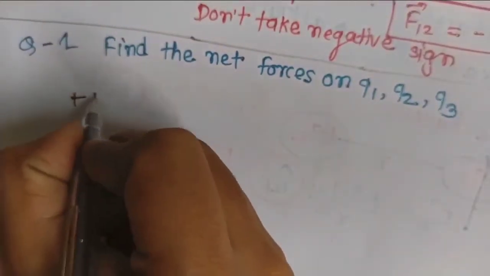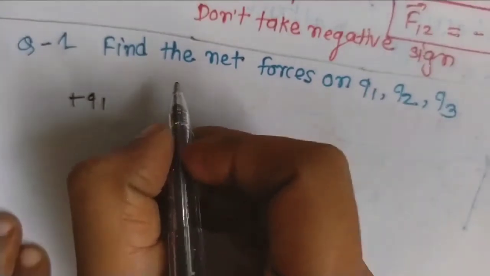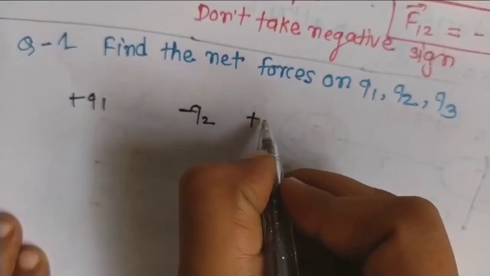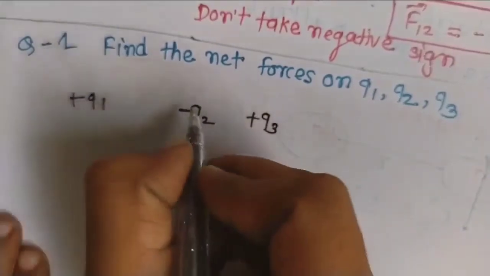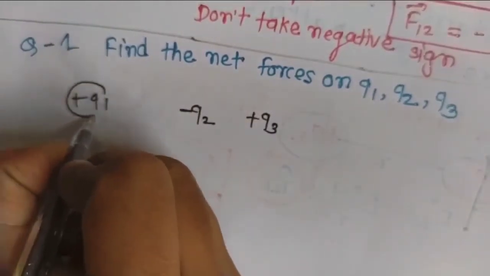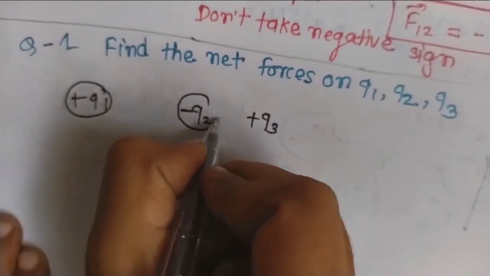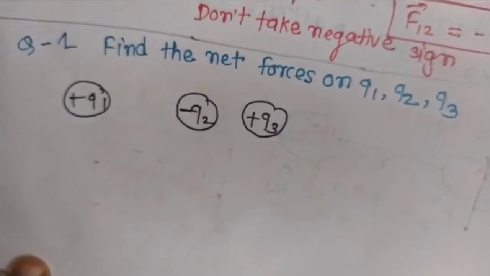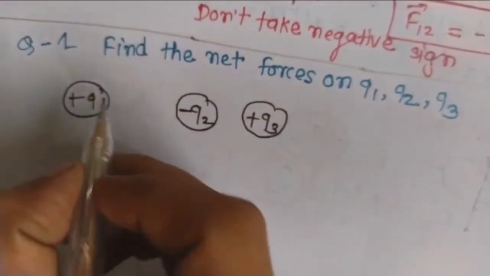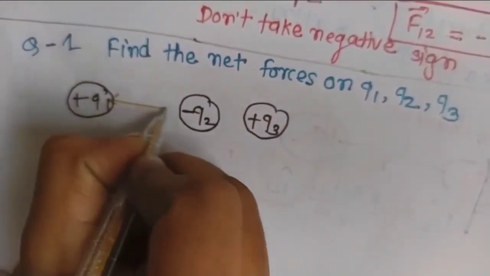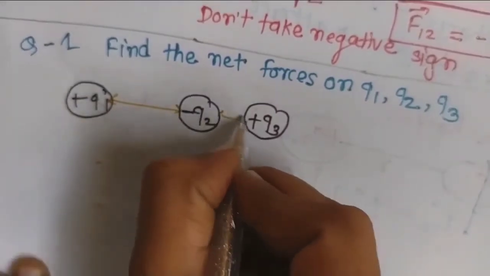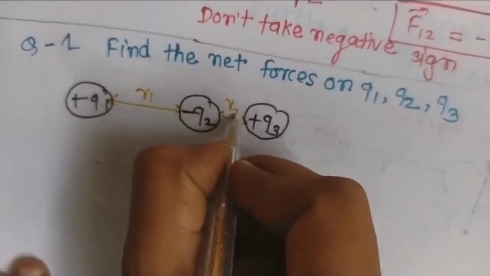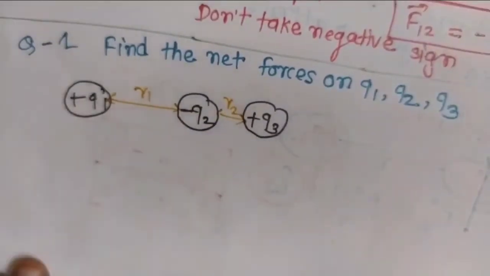We have three charges, plus Q1, minus Q2 and plus Q3. The distance between charge plus Q1 and minus Q2 is R1, and between minus Q2 and plus Q3 is R2.